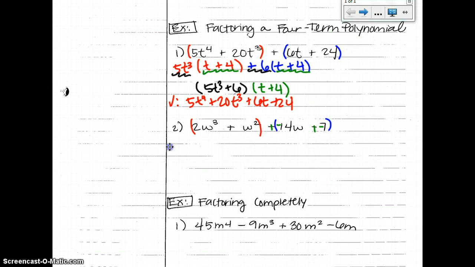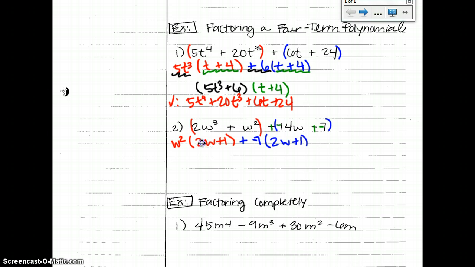For our first set, we could pull out a w squared. So we get 2w plus 1. For the second set, we could pull out a negative 7. Get 2w plus 1.